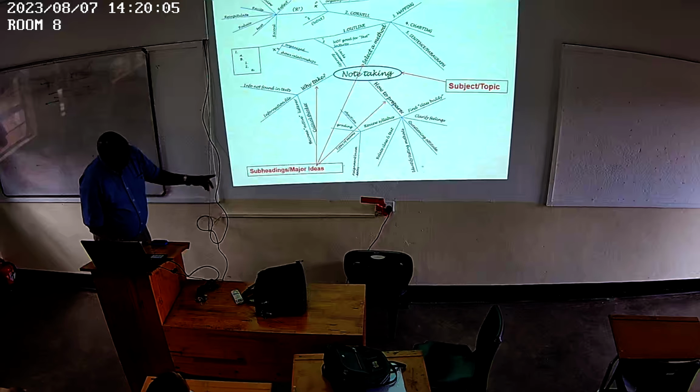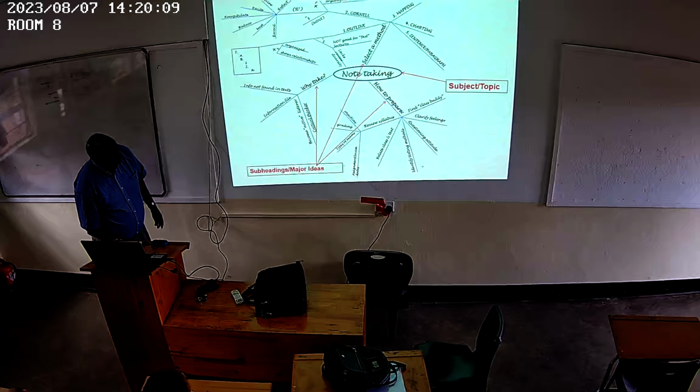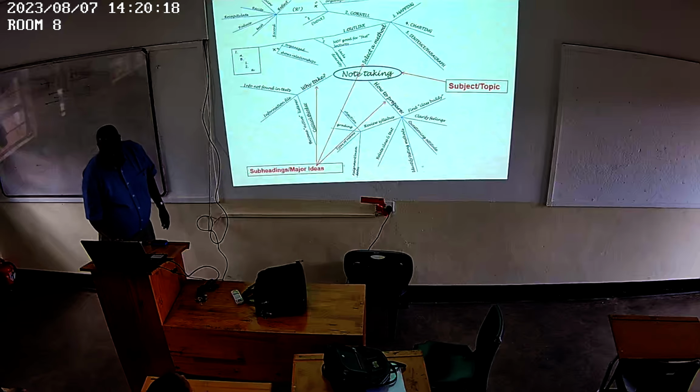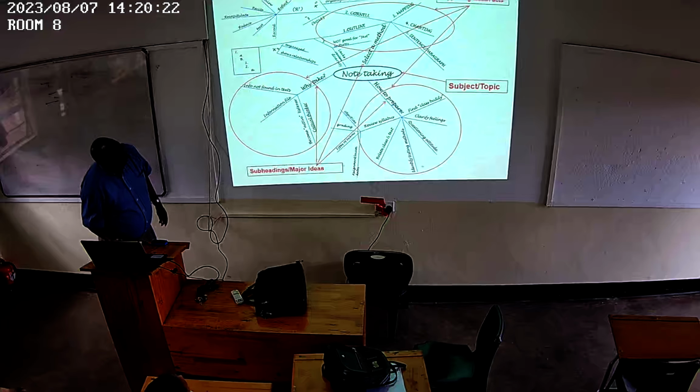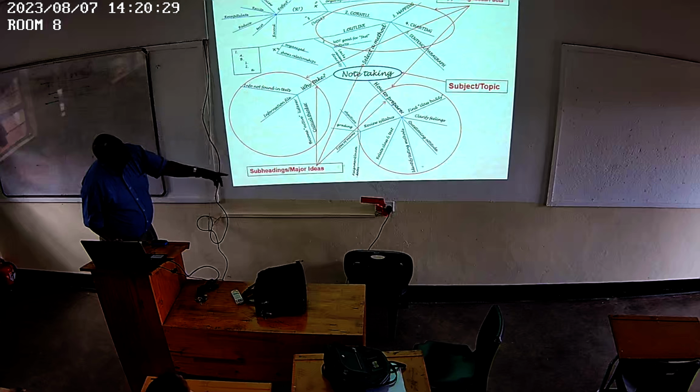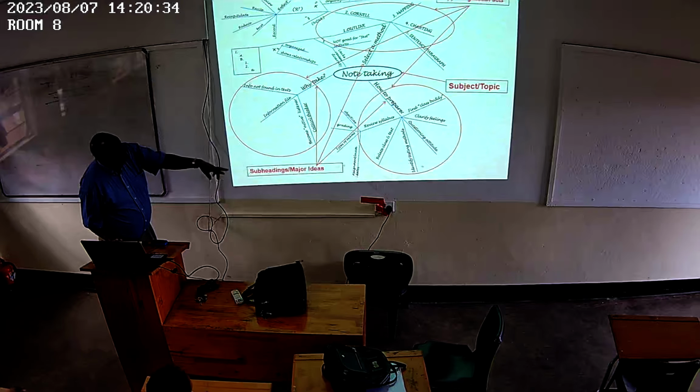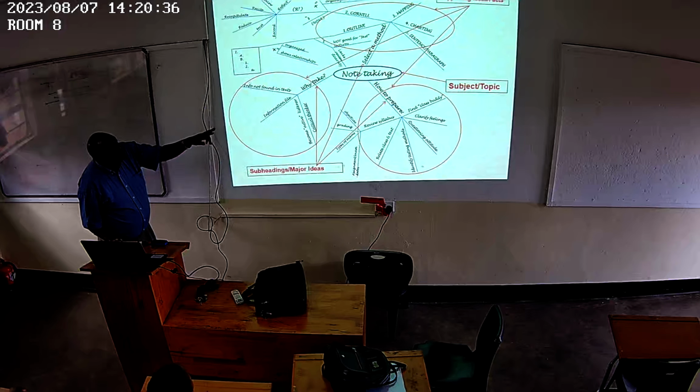And then you have some major headlines there: how to prepare, why take notes, selecting a method. And then from there, you have supporting facts for why take notes, for how to prepare your thoughts, methods, you have all that.